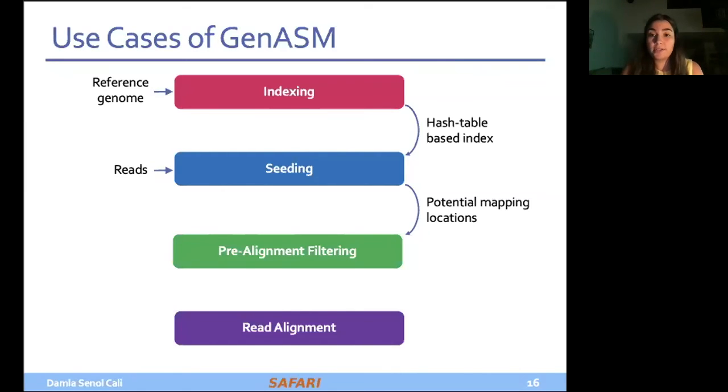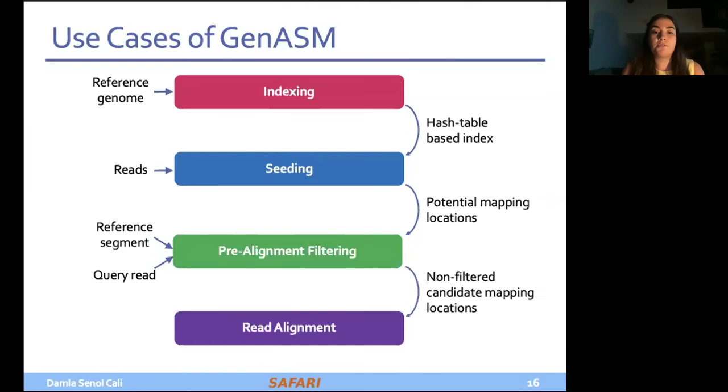And in the third step, pre-alignment filtering examines the similarity between every read and its potential mapping segment in the reference genome. The goal is to eliminate most of the dissimilar sequences to decrease the number of required alignments, which is the last step.